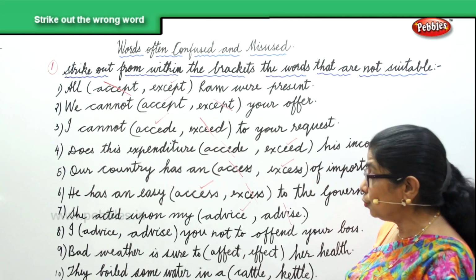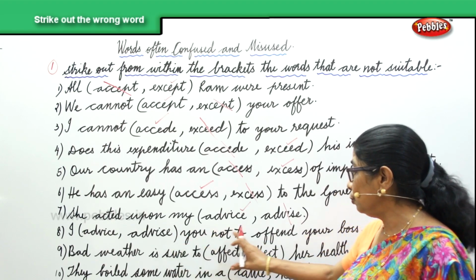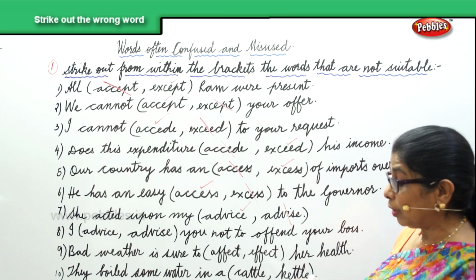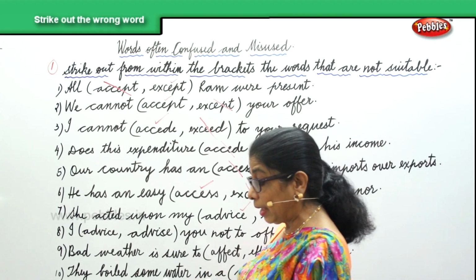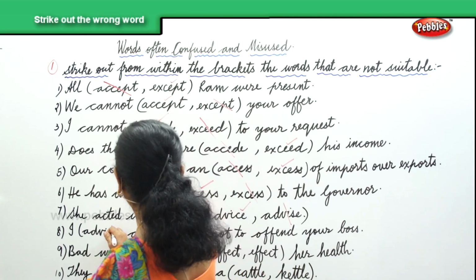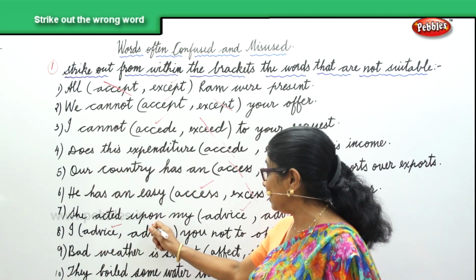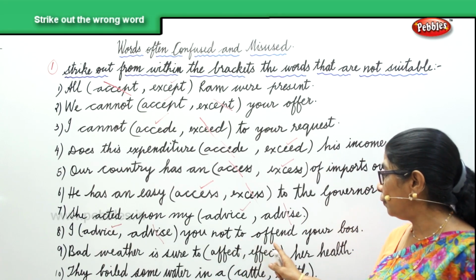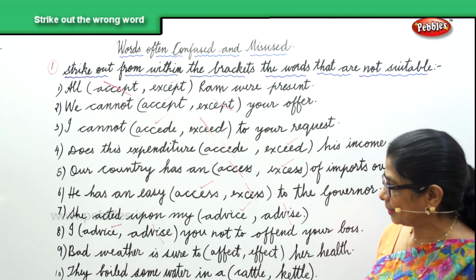I advise you not to offend your boss. I advise. Here you are giving the advice. So, I advise you, not S-E, you not to offend your boss. Next.